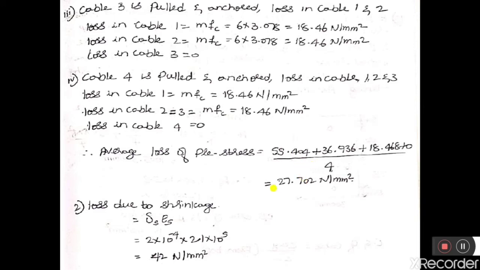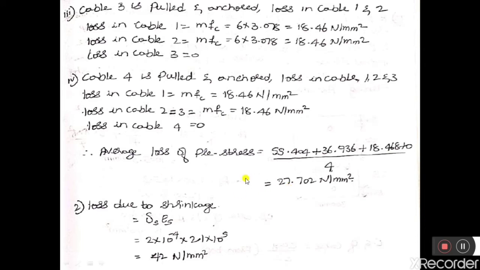So 55.404 is the loss occurring when cable 4 is pulled, and 36.936 will occur when cable 3 is pulled, and 18.468 is the loss that will occur when cable 2 is pulled, and 0 is the loss that will occur when cable 1 is pulled. So total average loss of prestress is equal to 27.702 Newton per mm square.